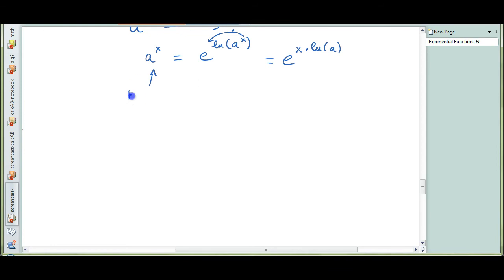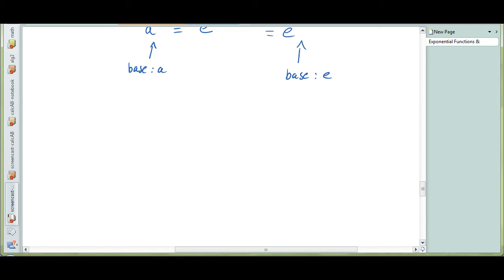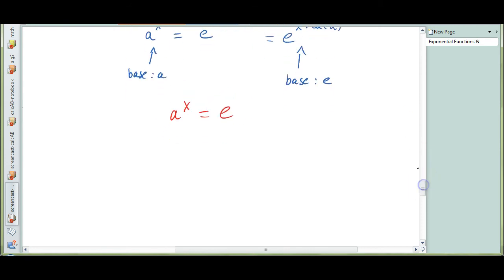It's an exponential base a. What do you have on the right side? You have a base e exponential. You switched bases. So here's the formula: a to the x is equal to e to the power of ln a times x.